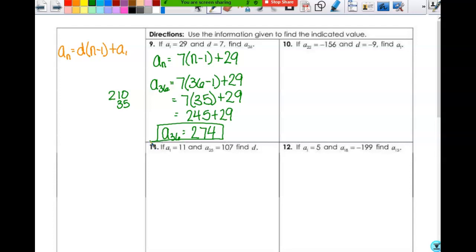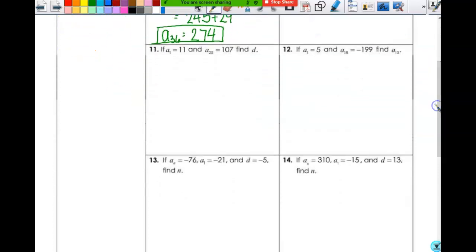Okay. What questions do we have? We good? All right, we're going to skip number 10. Let's look at 11. The first thing I'm going to do is write my little equation. A sub n equals, they didn't give me d, I don't know d, times n minus 1 plus a sub 1, which is 11.